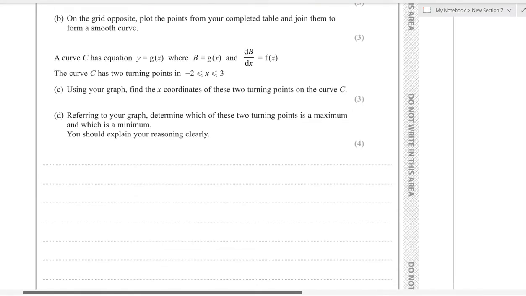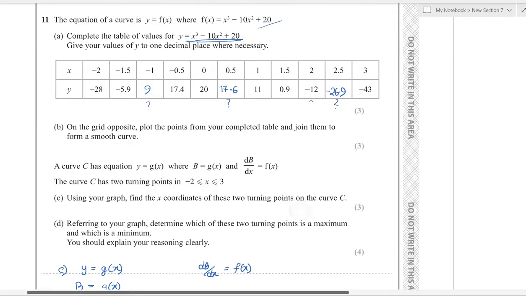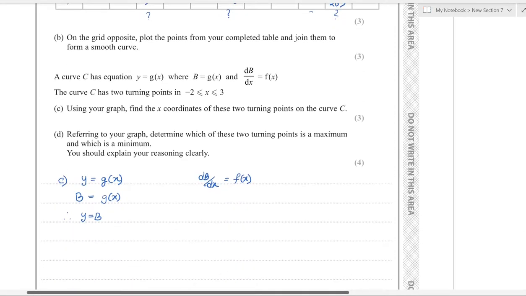So we can basically write y is equal to g(x), and the derivative of g(x) is equal to f(x), that is x cubed minus 10x squared plus 20.